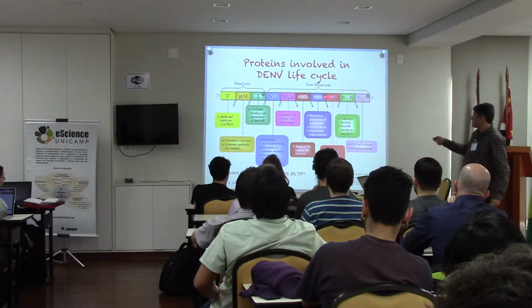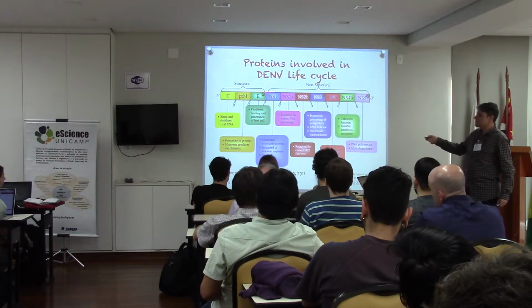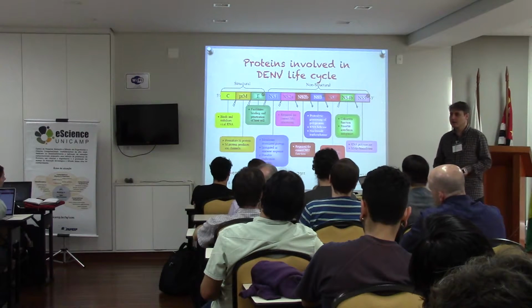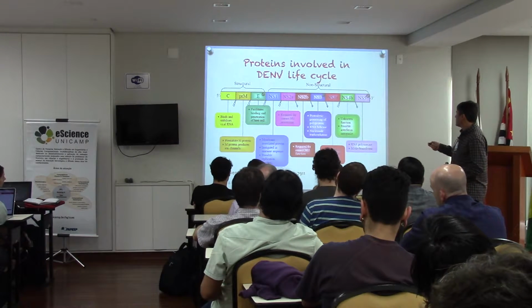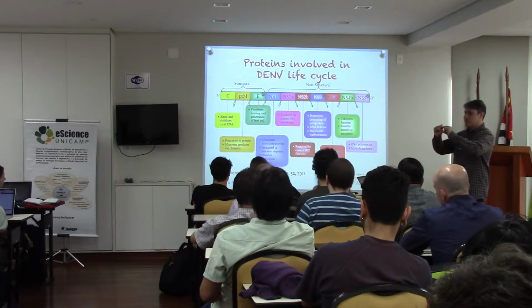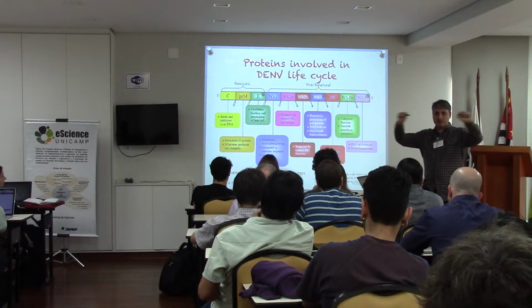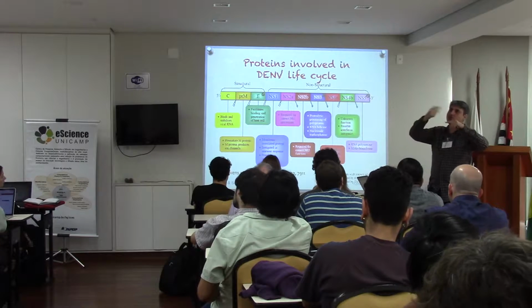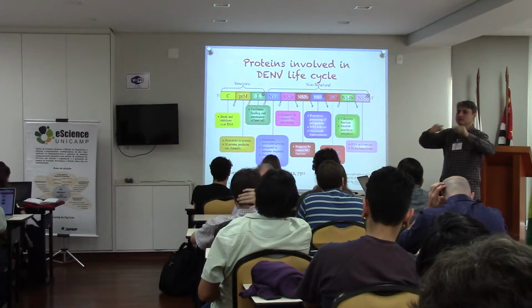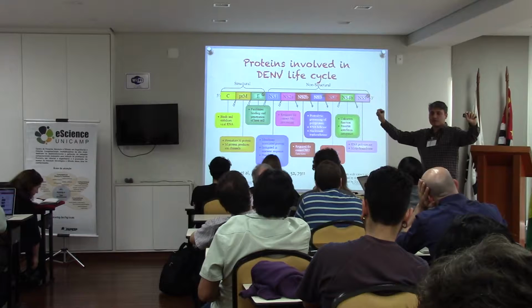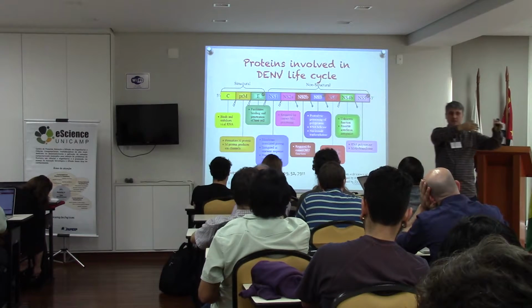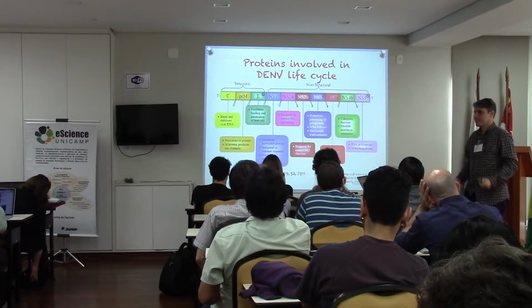It also has about the same proteins as the Zika virus. The RNA of the virus will be translated into a polyprotein, and this polyprotein needs to be cut at some places for the virus to work.